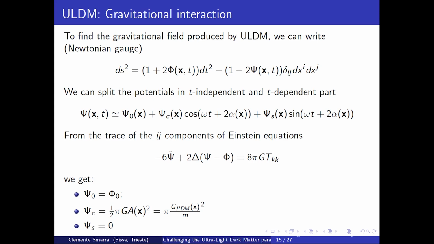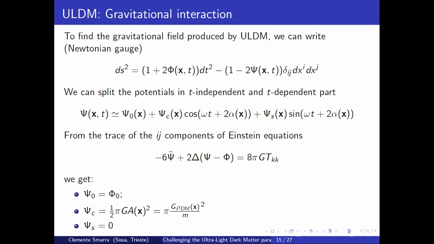We can write the ds² in terms of the gravitational potentials phi and psi. We can split the potential into time-independent and time-dependent parts. And from the trace of the Einstein equations, we can get the formula that you can see at the bottom of the page.